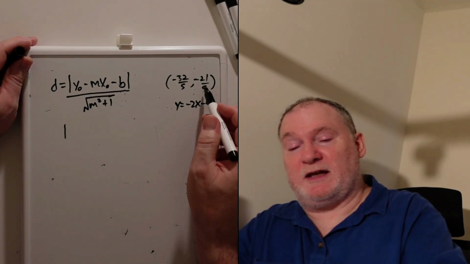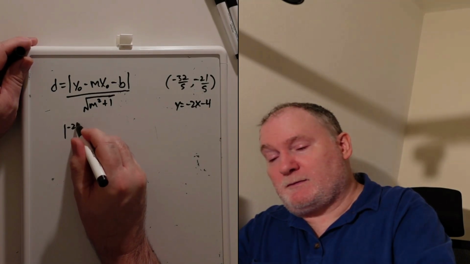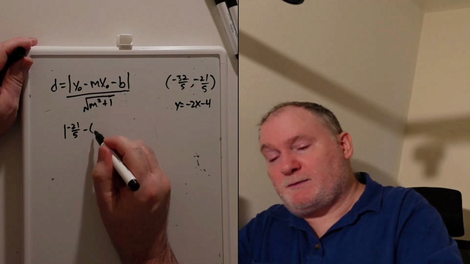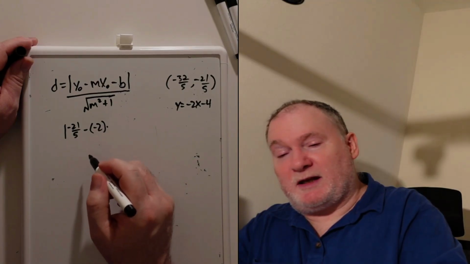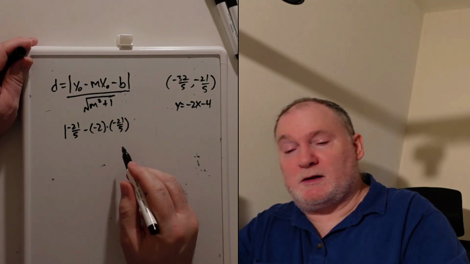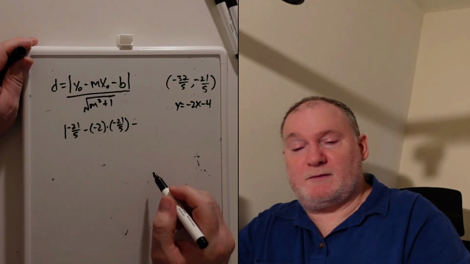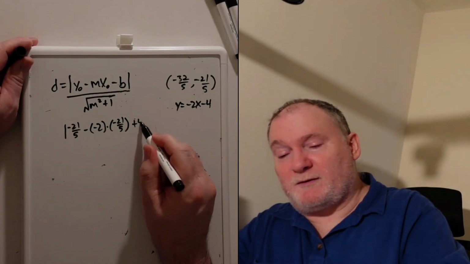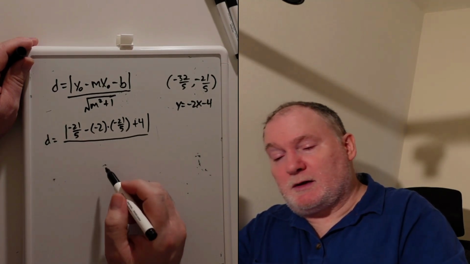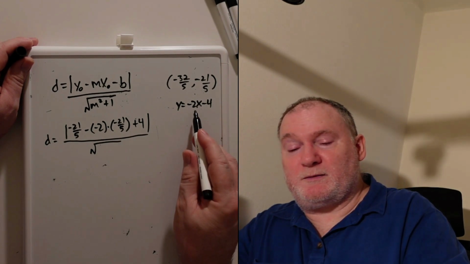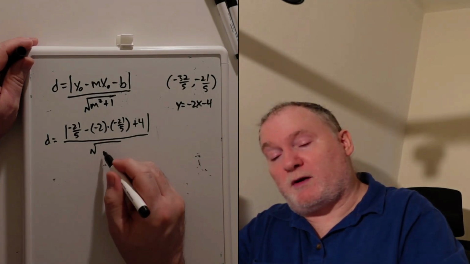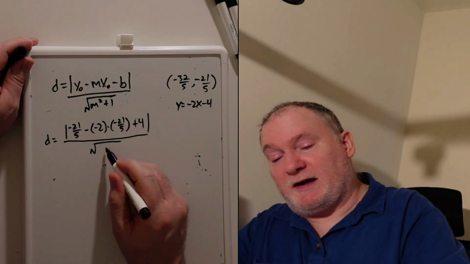So the y naught is negative 21 fifths, minus m, which is negative 2, times x naught, which is negative 21/5, minus b, negative 4, so I'll put plus 4, over the square root of negative 2 squared, which is negative 2 times negative 2, which is 4, plus 1 is 5.